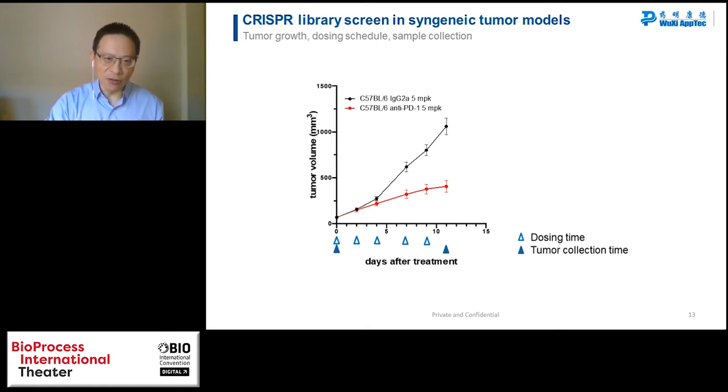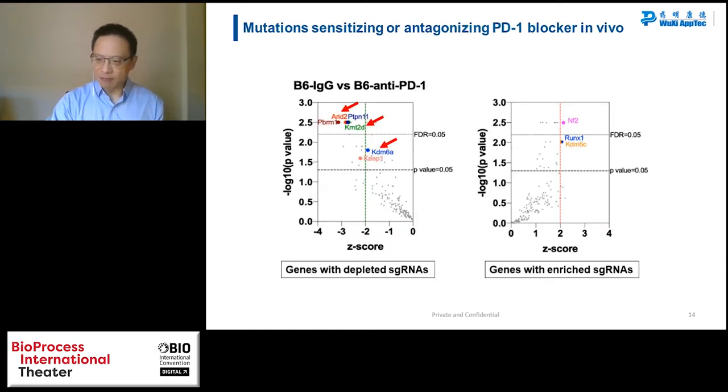This model is very sensitive to PD-1 immune checkpoint blockers because the PD-1 antibody administered every 2 days can effectively inhibit tumor growth. We extracted genomic DNA, amplified the amplicons, and subjected them to next generation sequencing.